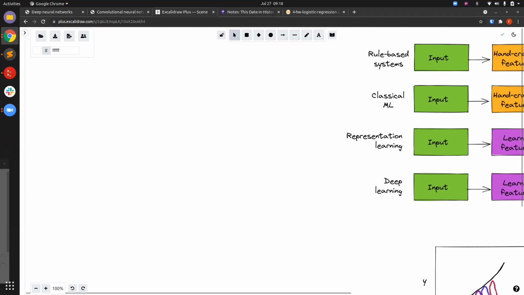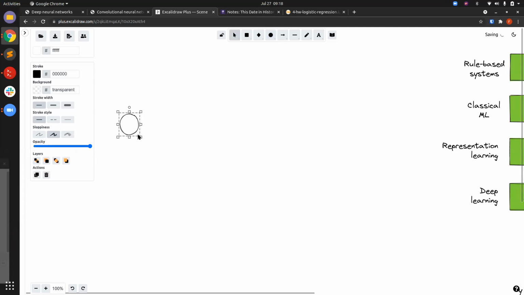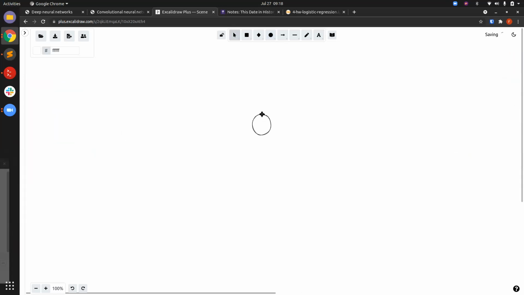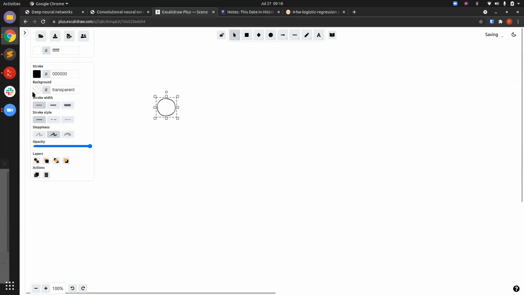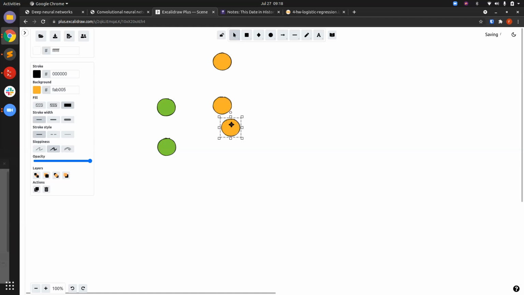Let's draw our deep neural network. Okay, so I'll have maybe a network with 2 inputs, and a few hidden units.